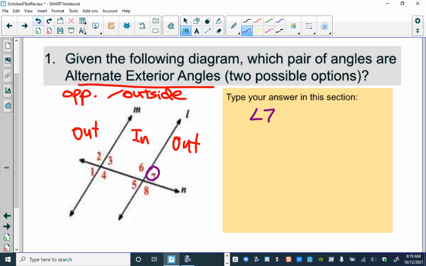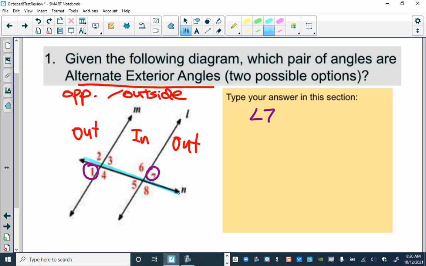So which angle is also outside but the opposite of angle 7? It's 1. Opposite of this line right here. You have to be opposite this line. The opposite of that line. So 2 is on the same side as 7. So that's why 2 and 7 wouldn't work. And then 7 and 8, even though they're outside, they're not on the alternate side.